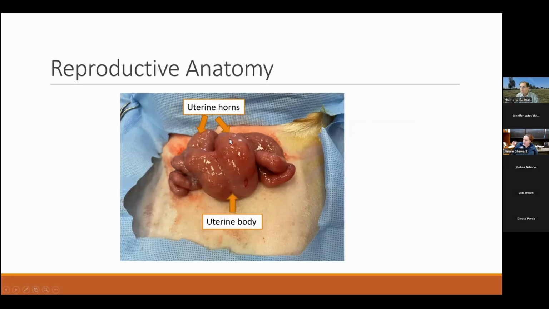This is where implantation and pregnancy will be for most of these. And you'll notice that with our small ruminants the uterine horns are pretty pronounced, because they do tend to have twins, sometimes triplets. So they have a little bit more uterine horn than a species like a horse, which would have mostly uterine body and no uterine horns.